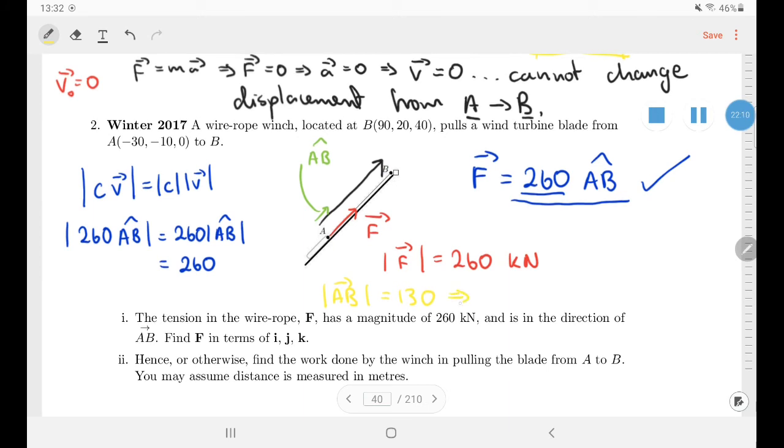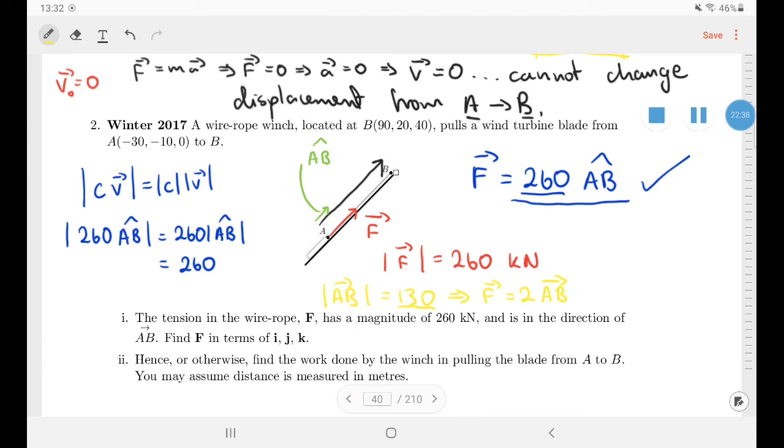If you wanted a magnitude 260 vector, you just multiply by 2, which we've essentially seen already. Now you might ask, how is the force vector longer than the vector from A to B? But of course, they're different units. You can't really compare them. The vector from A to B is measured in meters, but the force is measured in kilonewtons. There's no comparison. They're on different graphs, essentially.